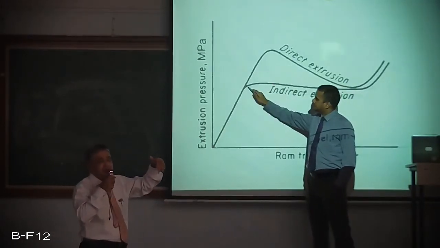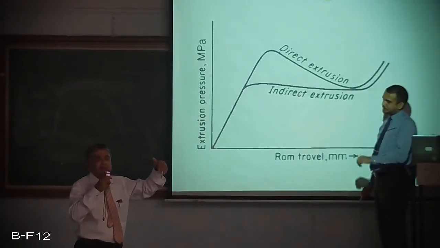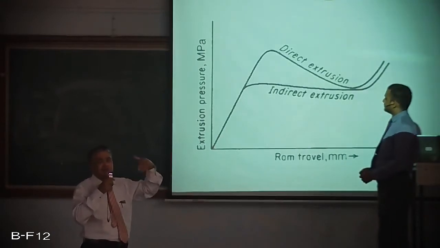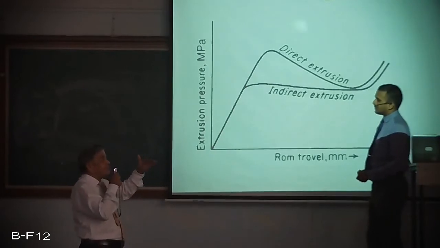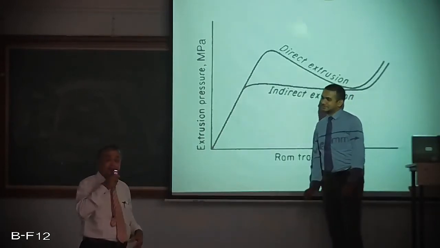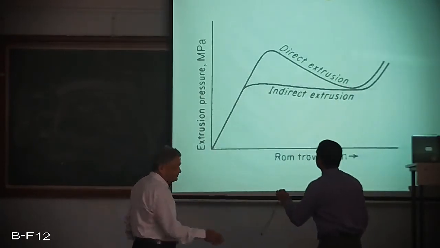Basically the metal forming process is a material flow process. If the material has to flow, it has to cross the elastic limit. Till the elastic limit, direct and indirect extrusions are the same. After the elastic limit, the difference comes. You must be in a position to read the graph and interpret the graph. Thank you, sir.